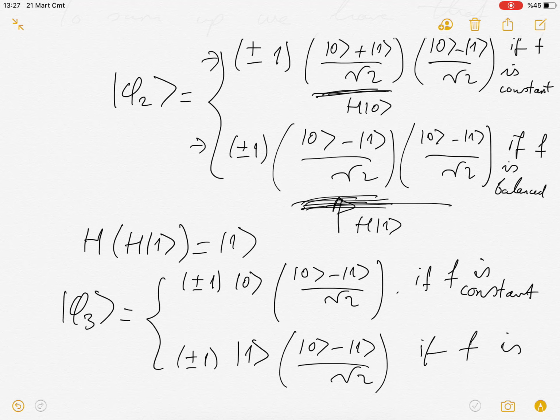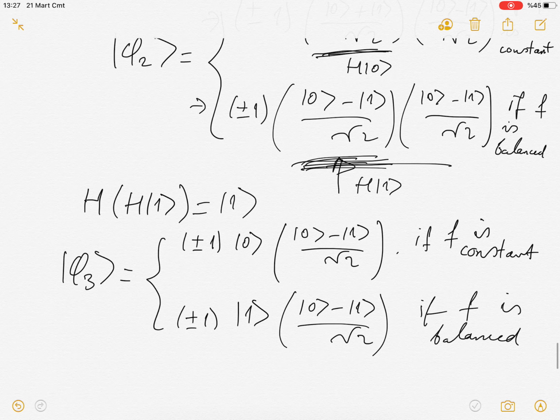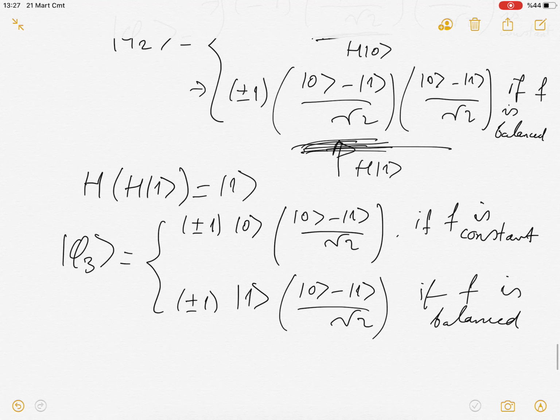And this is when f is balanced. So as soon as we apply the Hadamard transform on the first qubit of the output of UF, we get an interference, right? The interference phenomenon. Okay, so if we measure the first qubit of phi 3, we see ket 0 with probability 1 if f is constant, right?